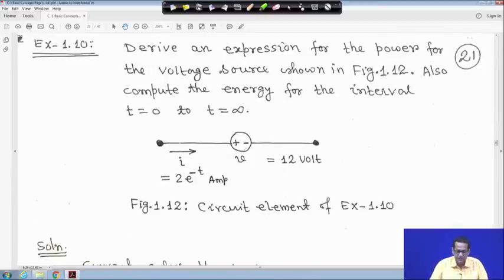Now, this is the voltage source. The current I is given as 2 into e to the power minus t ampere.